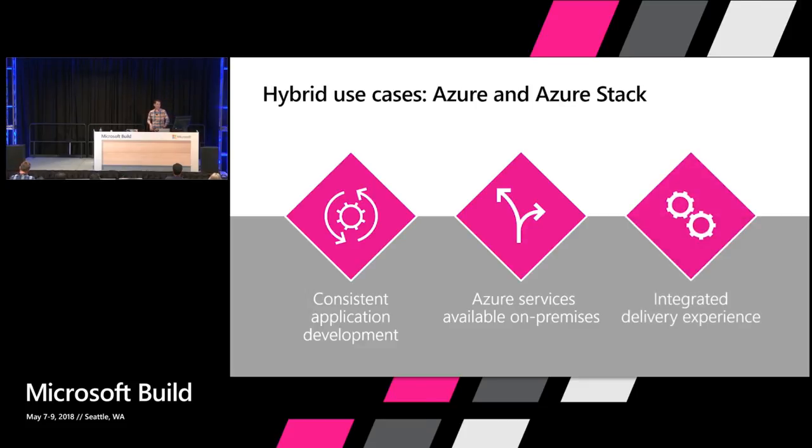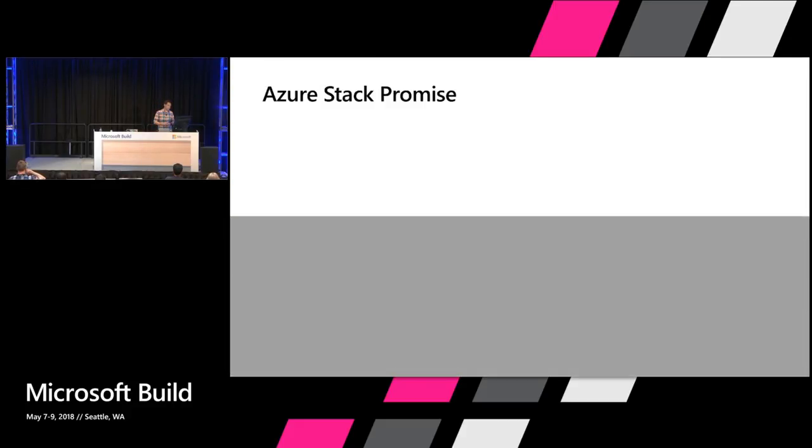And finally, all of that on an integrated delivery experience, where customers can basically get an appliance, roll it into the data center, plug power and networking, press a button, and then they have that mini Azure to run the same types of modern apps that they would be running in the public cloud.